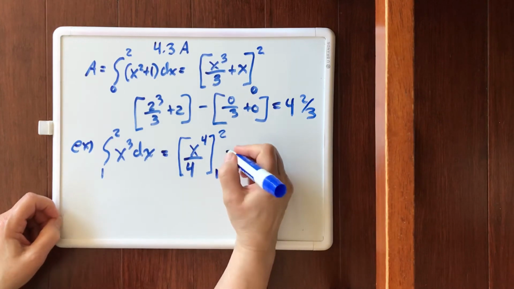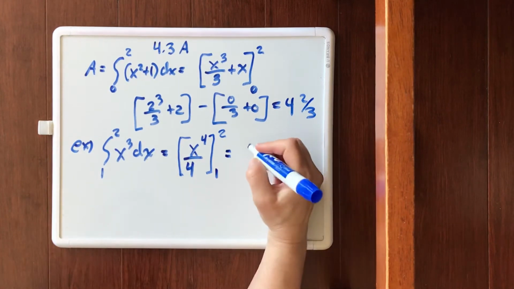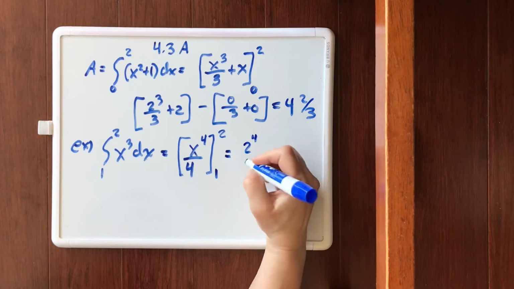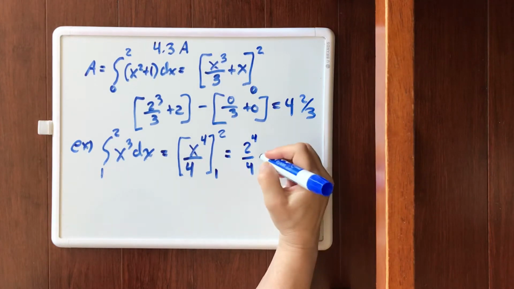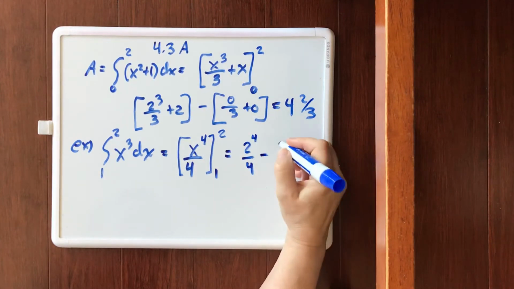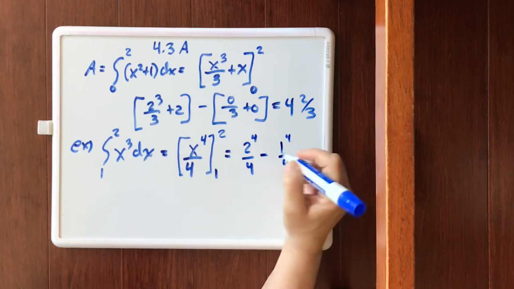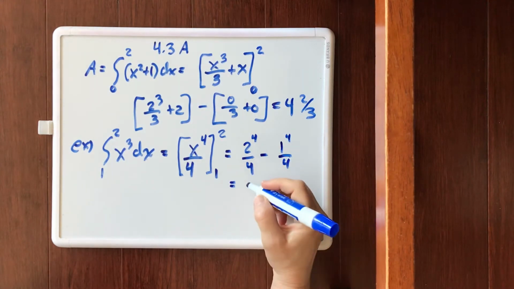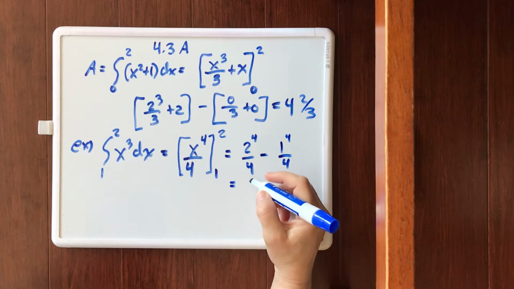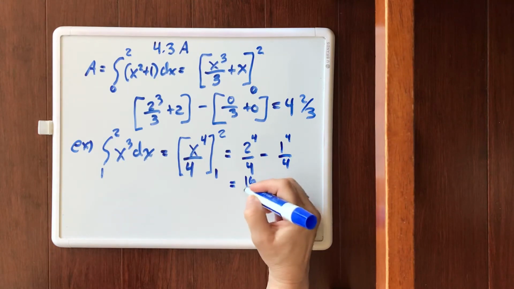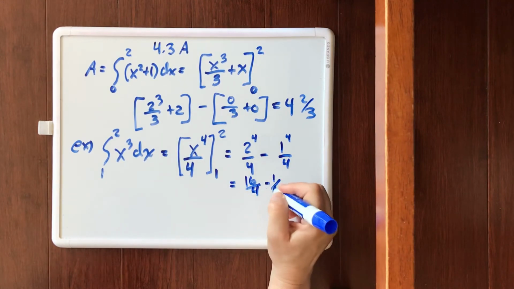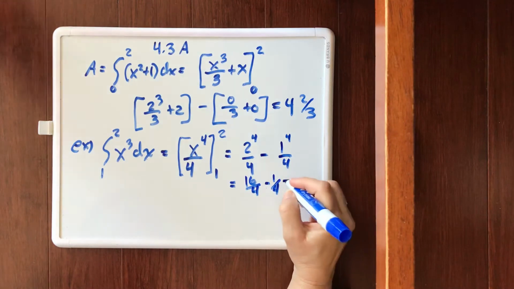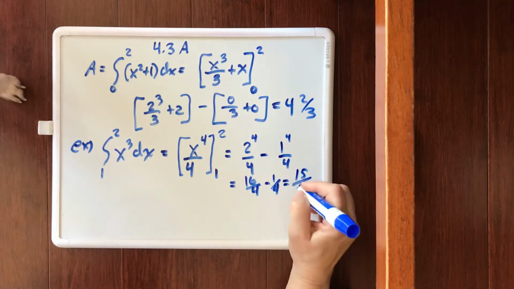Okay, so that means we're going to put a 2 in there, and we're going to minus and put a 1 in there. Okay, so we have 16 over 4 minus 1/4, which equals 15 over 4.